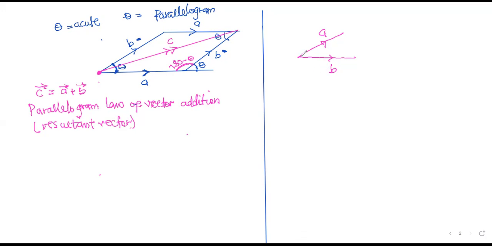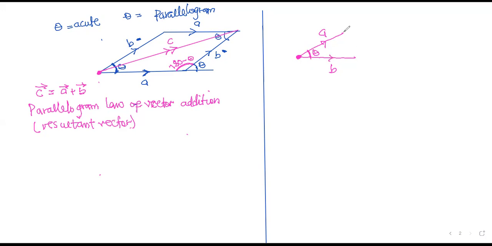This is the common point where they all act. They are directed away, meaning there's an angle theta between them. Then the resultant, or their sum, is given by the diagonal of the parallelogram.